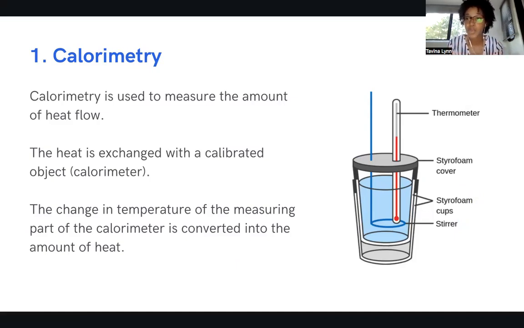But in an ideal situation, theoretically, the heat is only exchanged between our system, whatever chemical reaction we're studying, which would be inside of our cup, and the calorimeter, which in this case represents the 2 styrofoam cups.